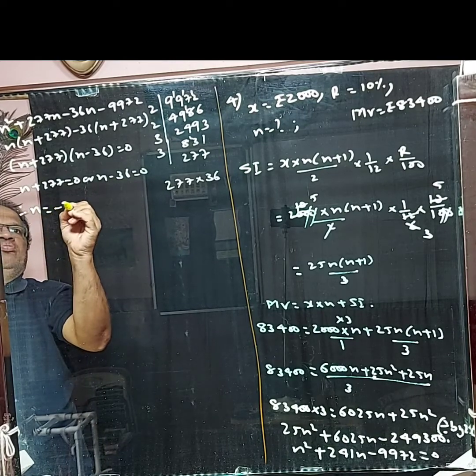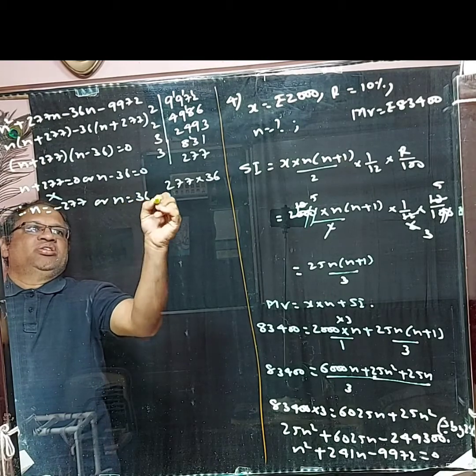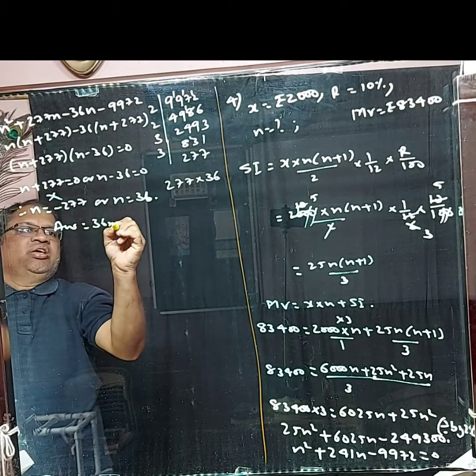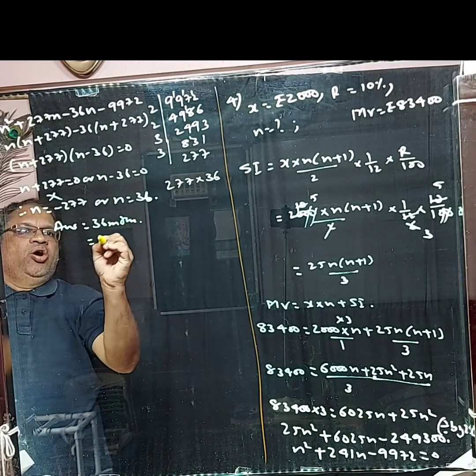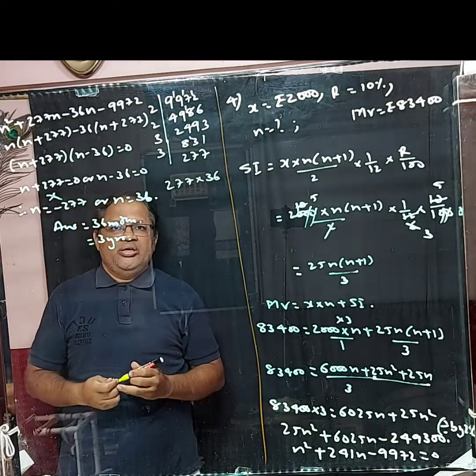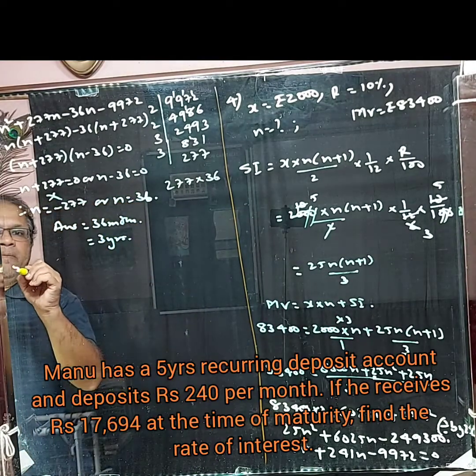Therefore n is equal to minus 277, which you don't take, or n is equal to 36. Okay, so the answer is 36 months or 3 years. So the money is being kept for 3 years. Alright, now let's start with the fifth sum.